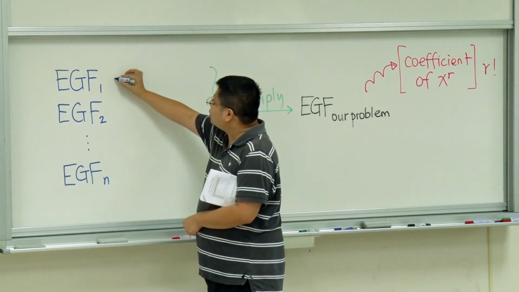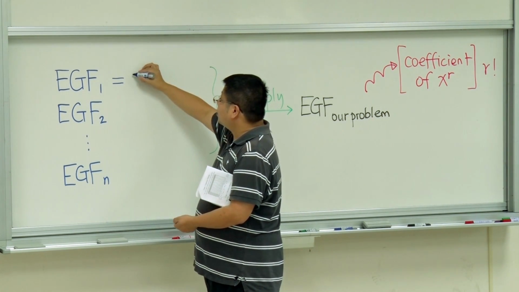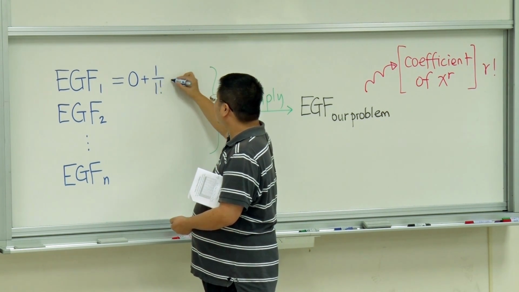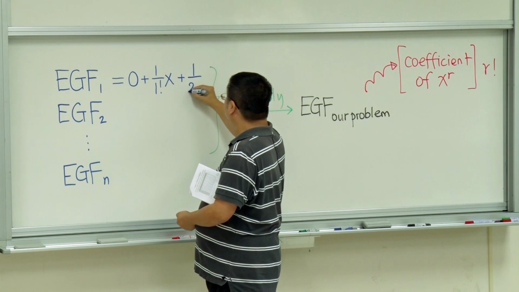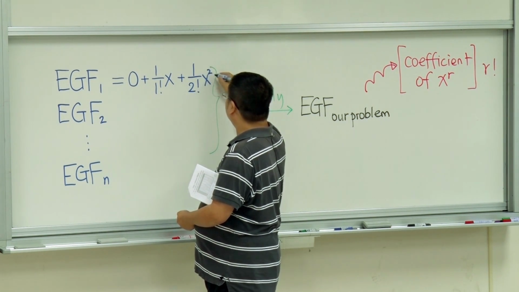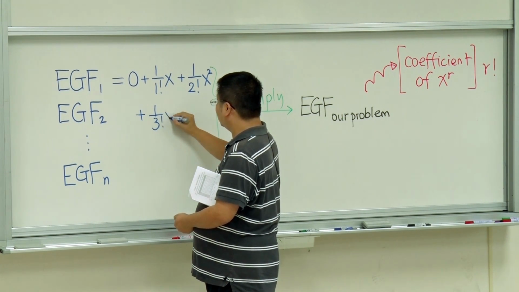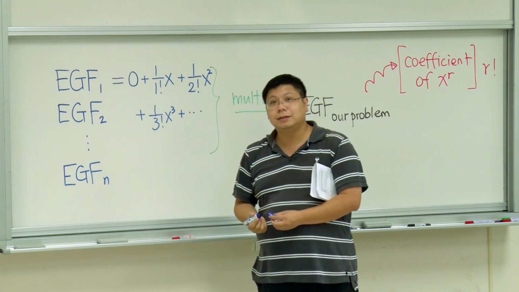So in that sense, the EGF is equal to what? We cannot choose 0 ones, but we can choose 1 one, and then we can choose 2 ones, and then 3 ones, and so on and so forth. Is that okay?